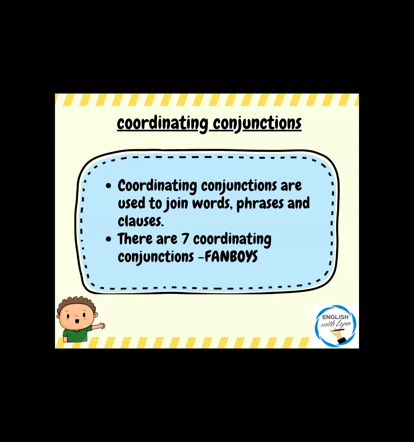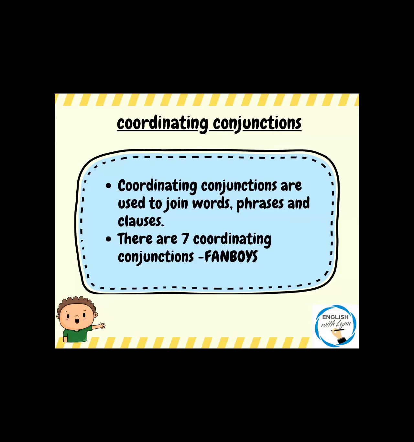And you need to be really, really careful with them because they are used in 3 different ways. The first way that we're going to look at is where they join different words together. The second way is when they join phrases. And the final way is when they join clauses together.